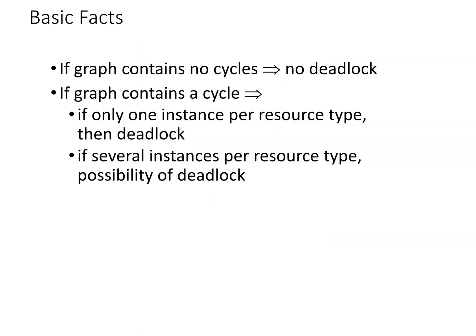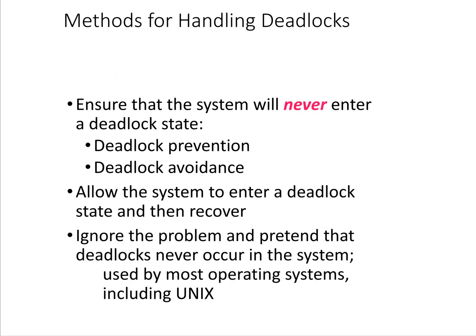If a graph contains no cycles, there's no deadlock. If it contains a cycle and there's only one instance per resource type, then you have a deadlock. If there are several instances of a resource type, there's the possibility of deadlock when you run out of resources. It's a little more mathematically complex, but it still exists.